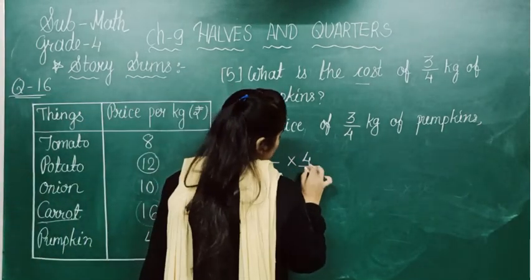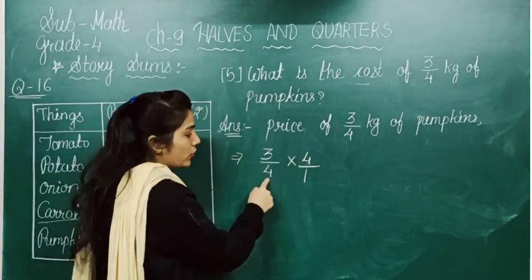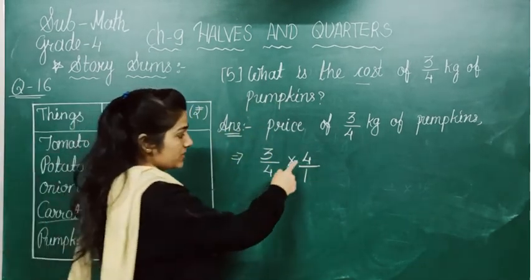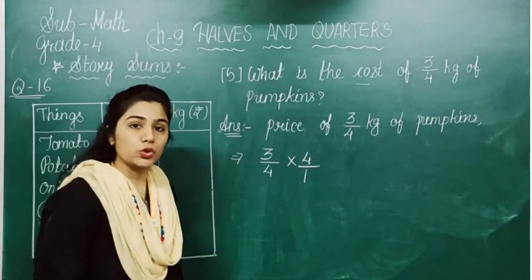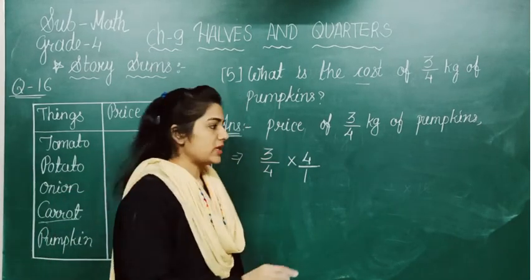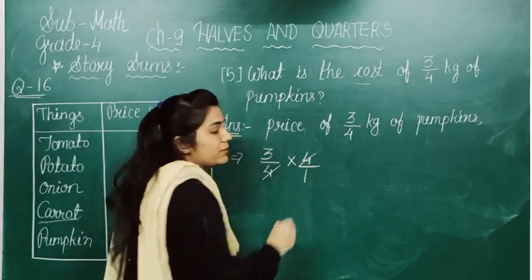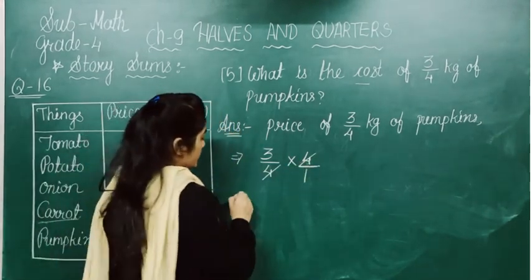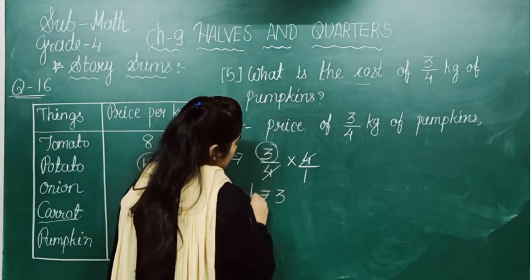In this step you can observe one thing, that 4 and 4 are the same, but this 4 is in place of the numerator and this 4 is in place of the denominator. If the same digits are given in place of numerator and denominator, directly they can be cut, right? So the answer we are getting is only 3, ₹3.